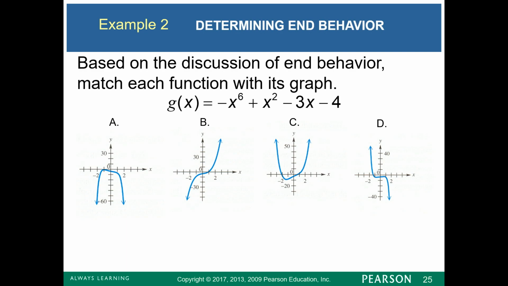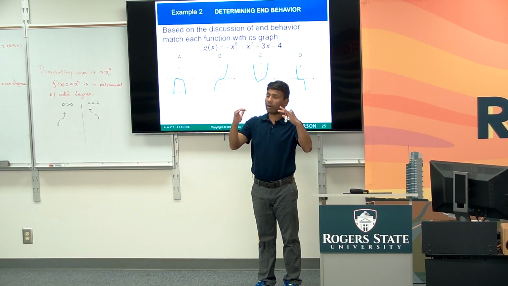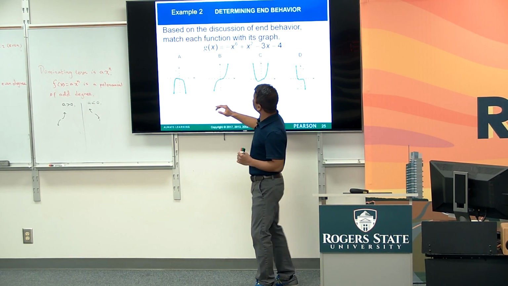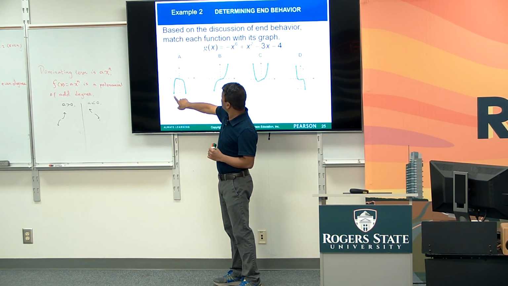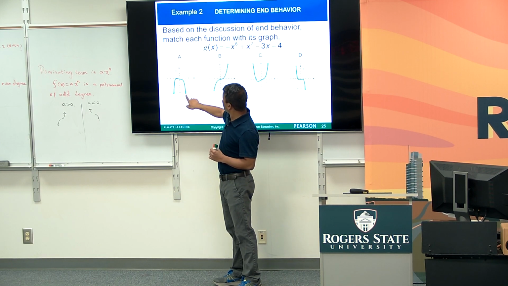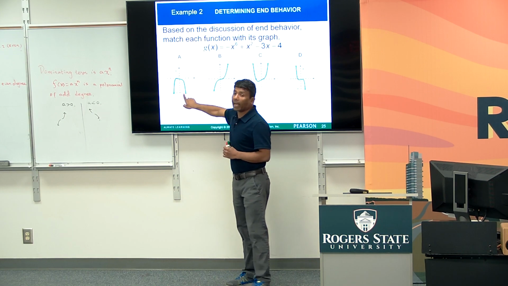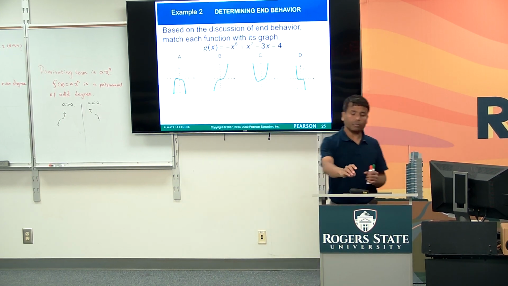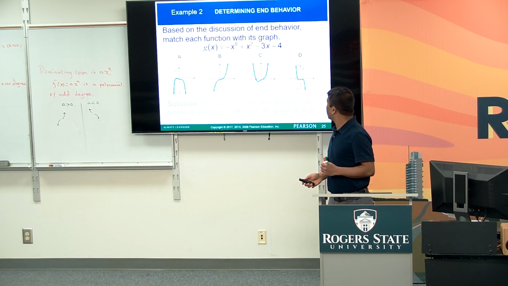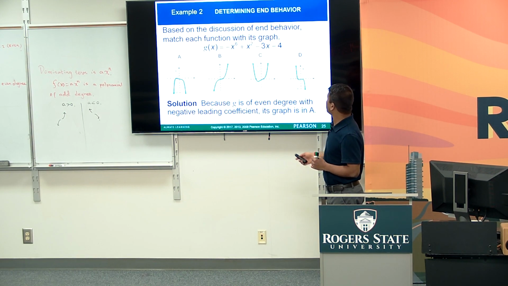It will be falls to the left as well as what? Falls to the right, because this looks like a downward parabola, right? So now, if you look here, what happened here? Falls to the left, and this is also what? Falls to the right. So the graph of this function is what? A. That makes sense?